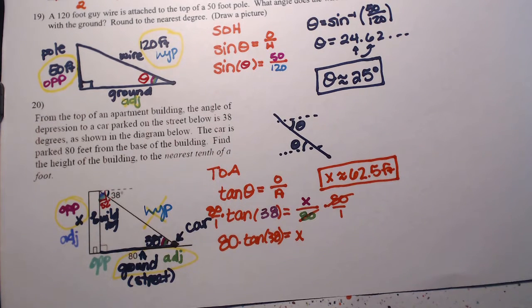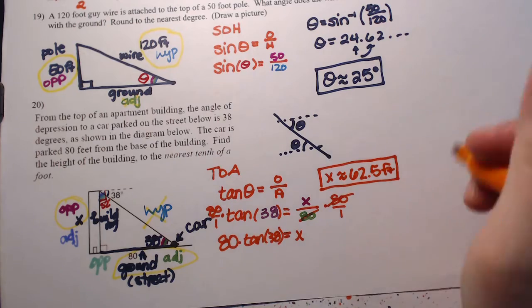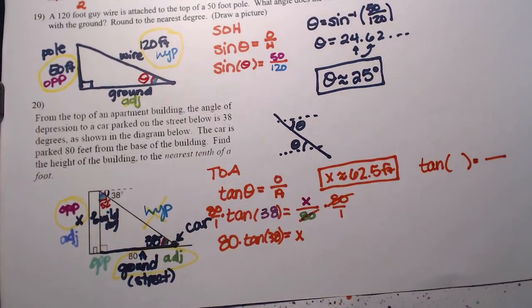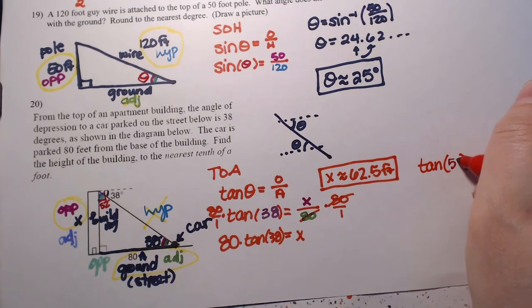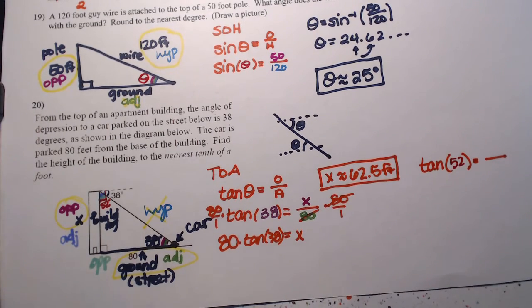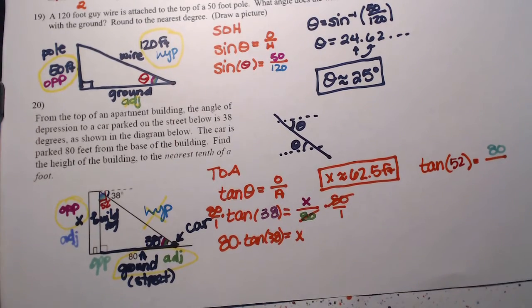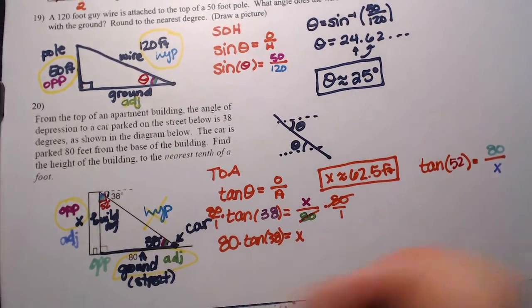So then my trig function would be tangent of 52 is equal to opposite, which is 80, over adjacent, which was my x.